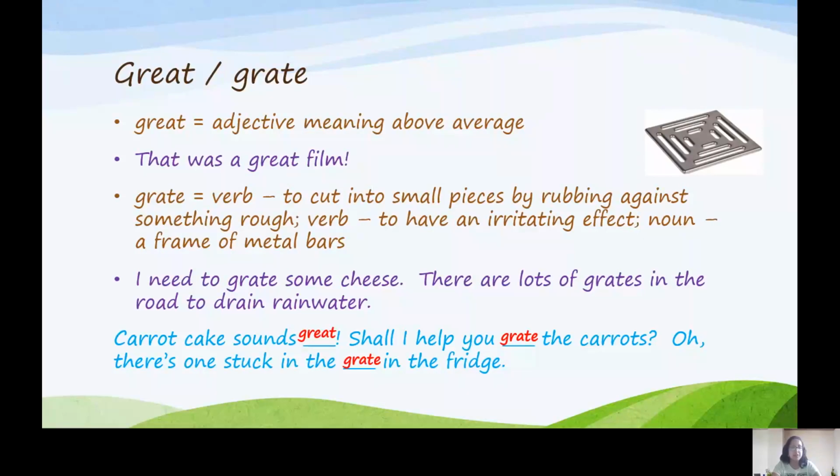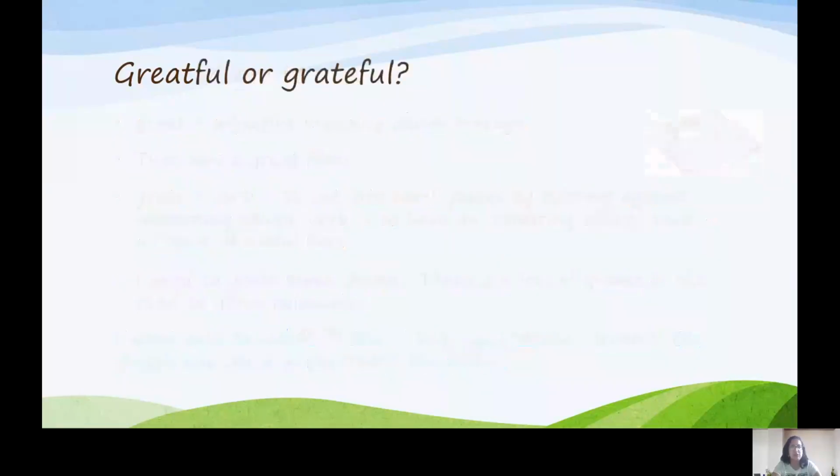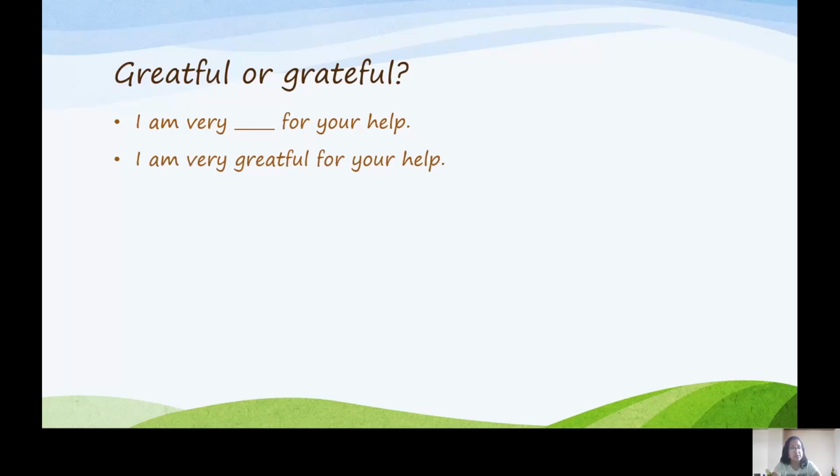Now, these two words cause a bit of problem sometimes. People aren't sure whether to spell grateful with an EAT or an ATE. So which one goes in this space? I'm very grateful for your help. Is it this one or is it this one?